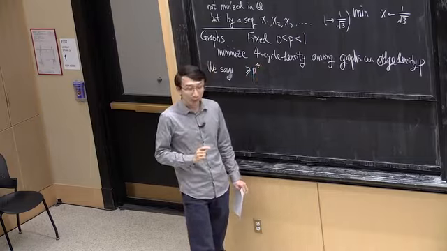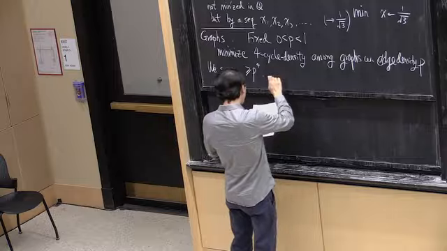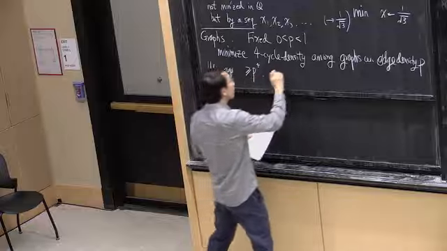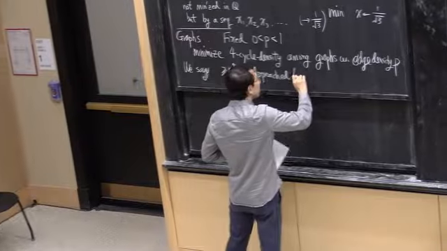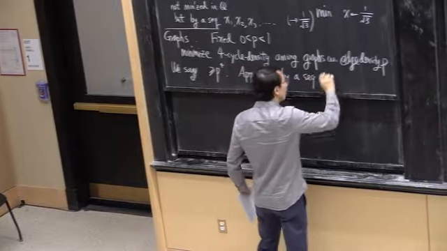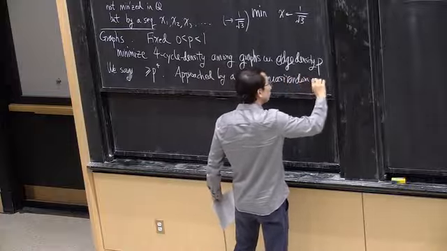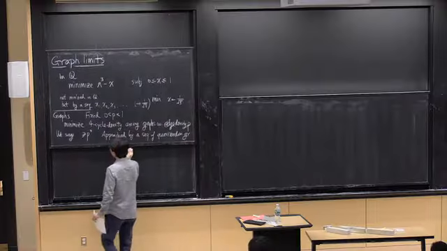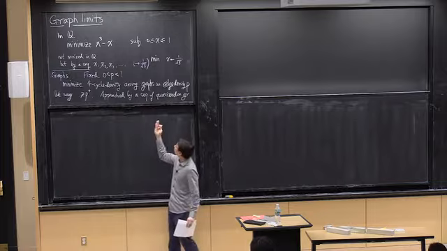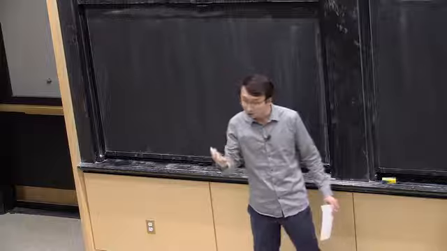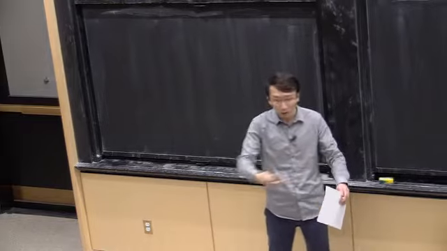And we also saw that this minimum is approached by a sequence of quasi-random graphs. So the answer is p to the fourth, and there's no one graph that minimizes this 4-cycle density. It's minimized by a sequence.